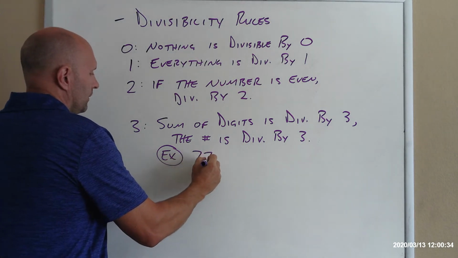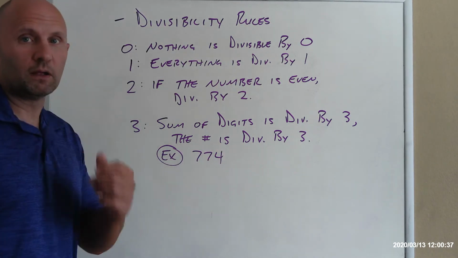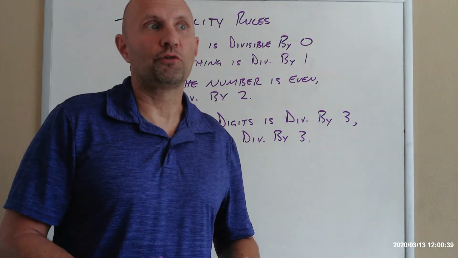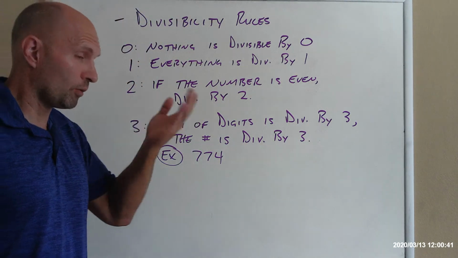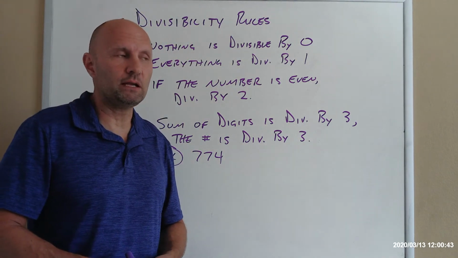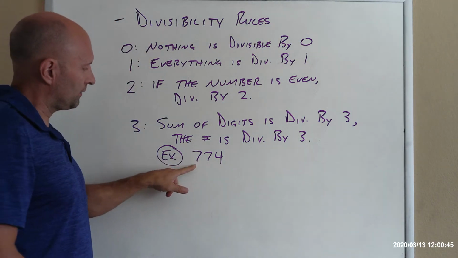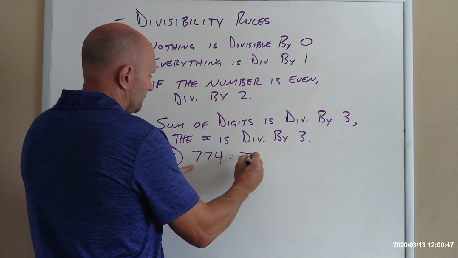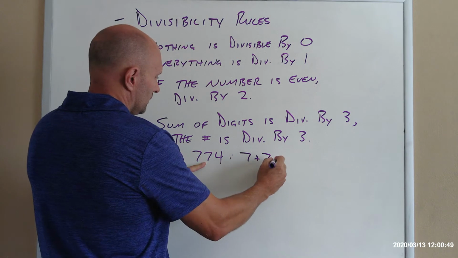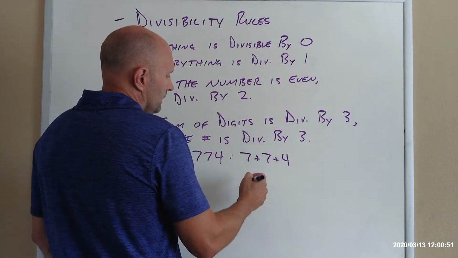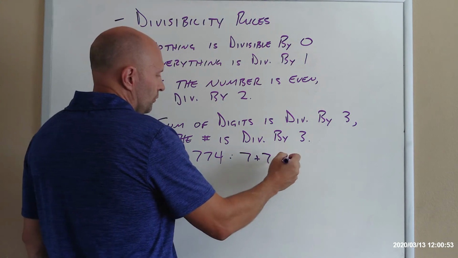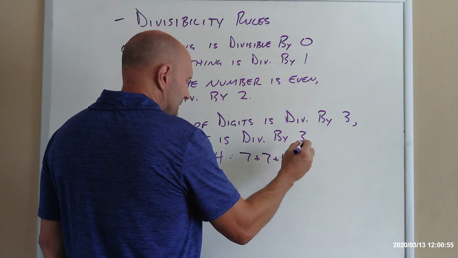Let's say I have the number 774. And I'm trying to figure out factors and I want to know, can I divide this number by 3? What I can do is add up the numbers, so 7 plus 7 plus 4 is what? 7 plus 7 is 14, plus 4 is 18.